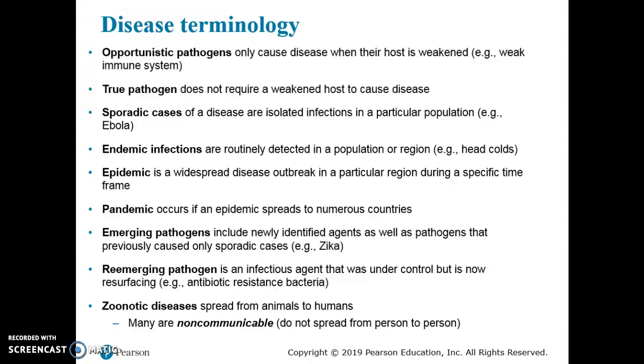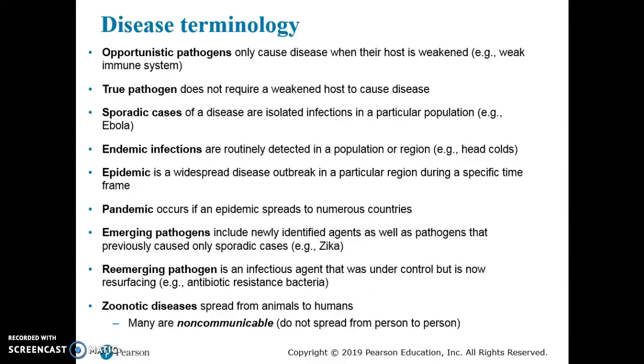If you expose a healthy, immunocompetent person to a fungus, and then expose the same pathogen to a person with HIV or AIDS, that person has a weakened immune system. They are not immunocompetent, and so they are most likely going to come down with that fungal infection. So that fungus in that case is an opportunistic pathogen.